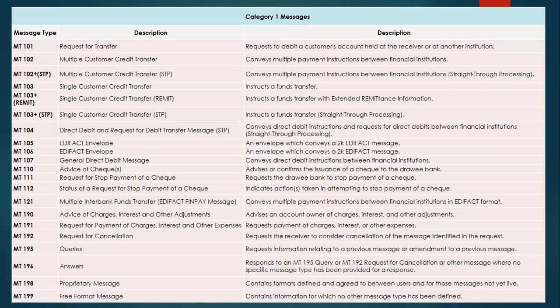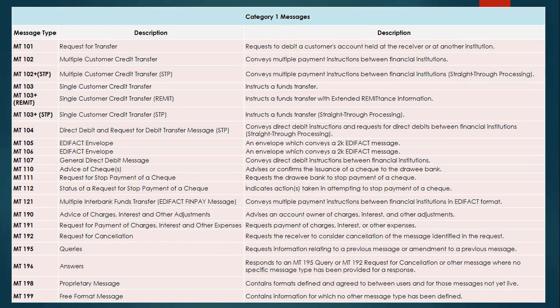Basically, the underlying reason for sending out this MT102 message is when a customer is willing to make a payment to a receiver with multiple different customers. So that is a multiple customer credit transfer payment. And then we have MT102 plus STP. We have different subtypes of the payments. One of them is MT102 STP, which means the payments will be straight through processed.